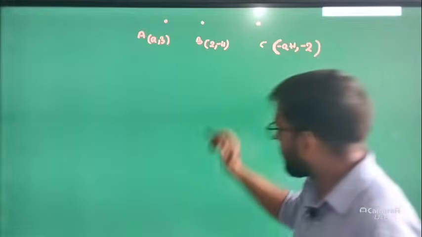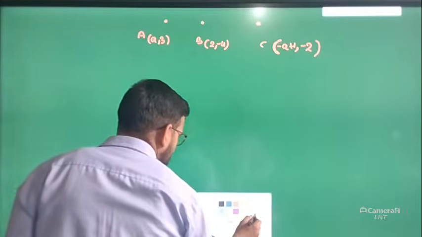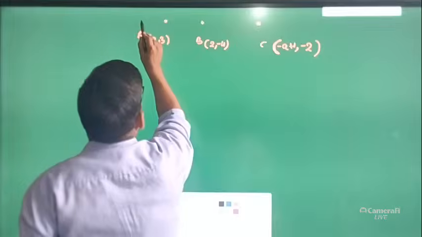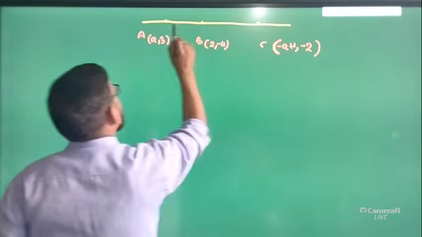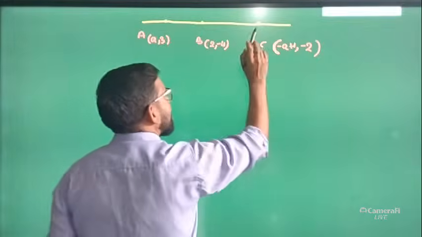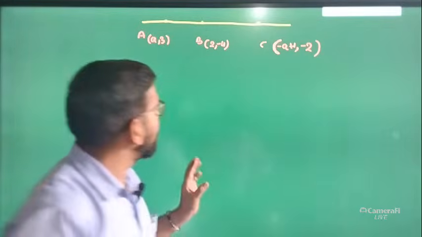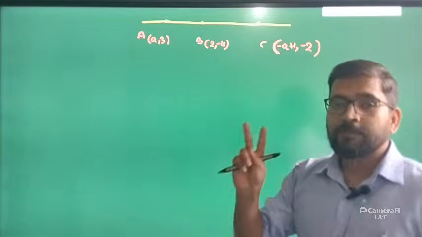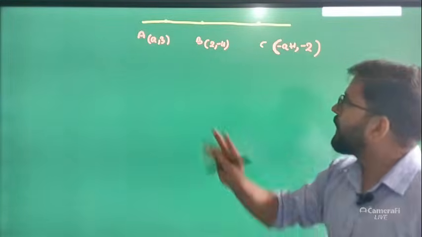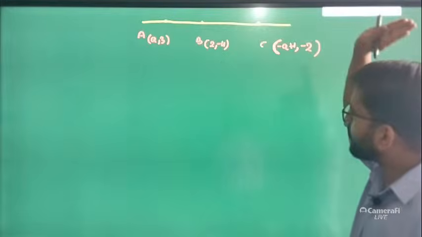Tell me, if all these points are collinear points, then won't their slope be the same? If A, B, C are collinear, I have taught you that we need 2 points to find the slope, and this line consists of an infinite number of points.